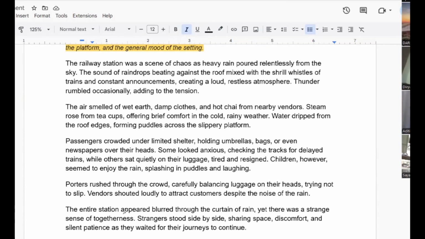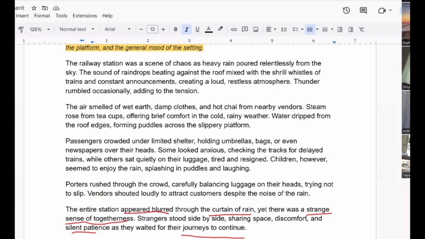The entire station appeared blurred through the curtain of rain. Yet there was a strange sense of togetherness. The strangers stood side by side, sharing space, discomfort, and silent patience as they waited for their journeys to come to them. Right? From this writer's perspective, things look very calm.